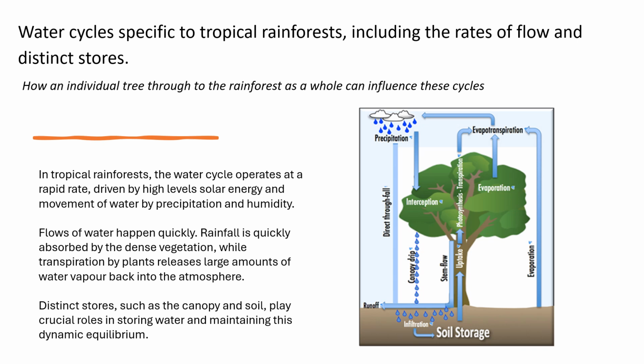So there's a lot of flows within an individual tree, but there are some distinct stores as well. The canopy can hold water within the leaves. They're very often quite large leaves. They can be quite waxy and hold water. Some of them have actual drip tips in their design, so they can drip water if excessive amounts of water falls.